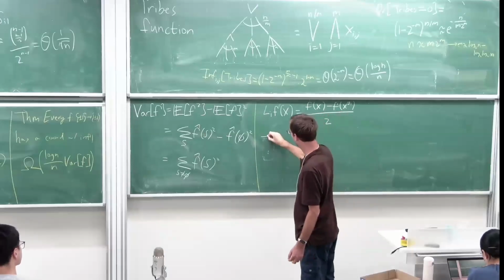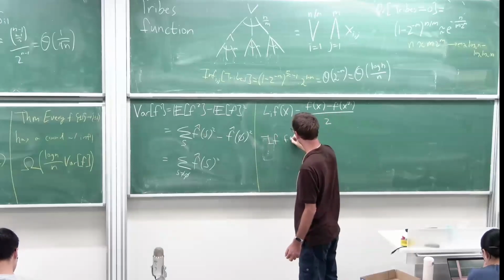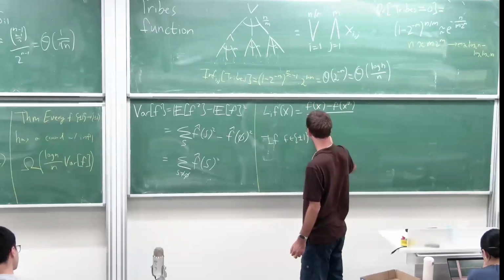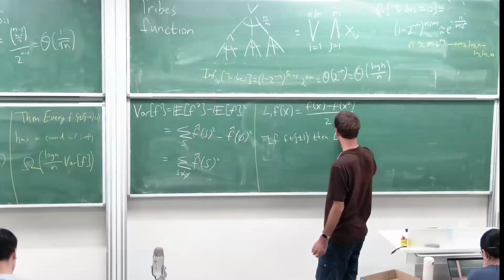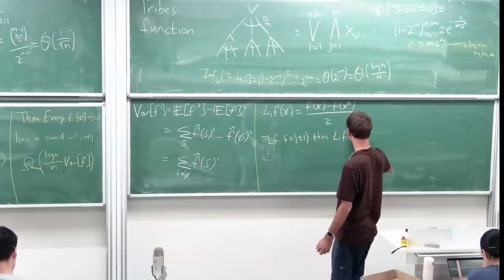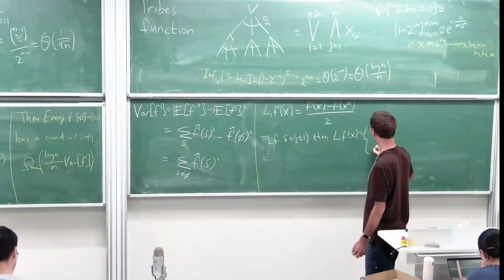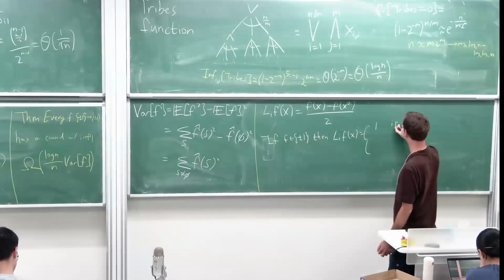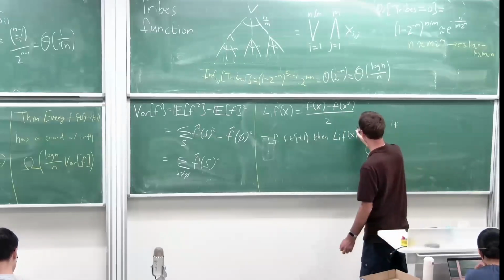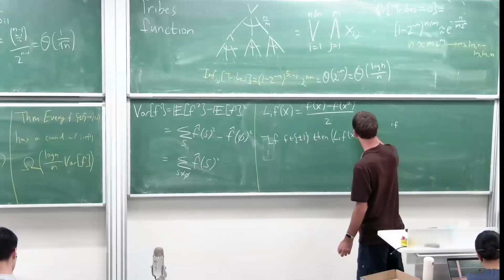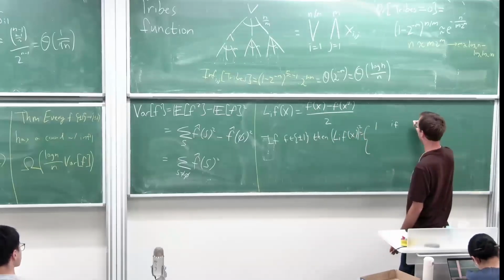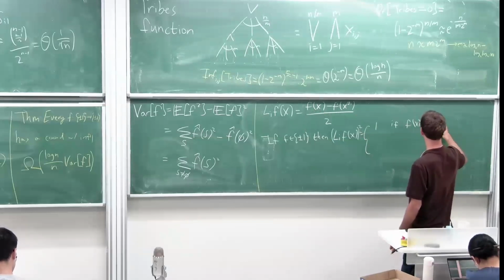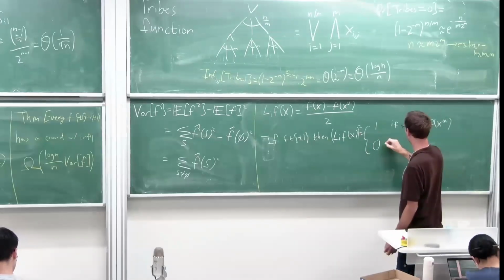Now, if f is Boolean, then L_i f of x squared is equal to 1 if f of x is different from f of x with the i-th coordinate flipped, and 0 if they're equal.